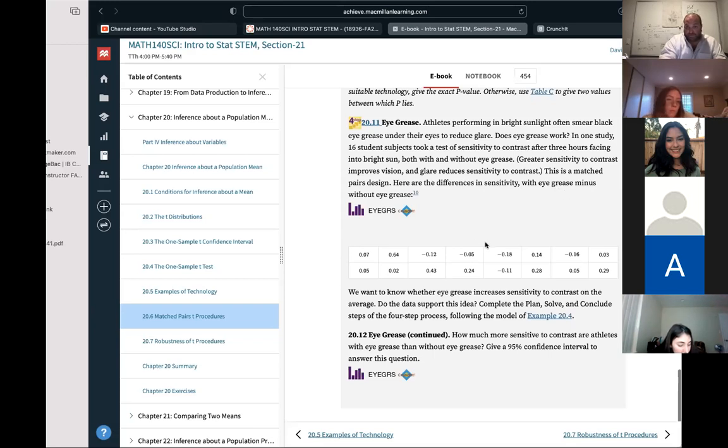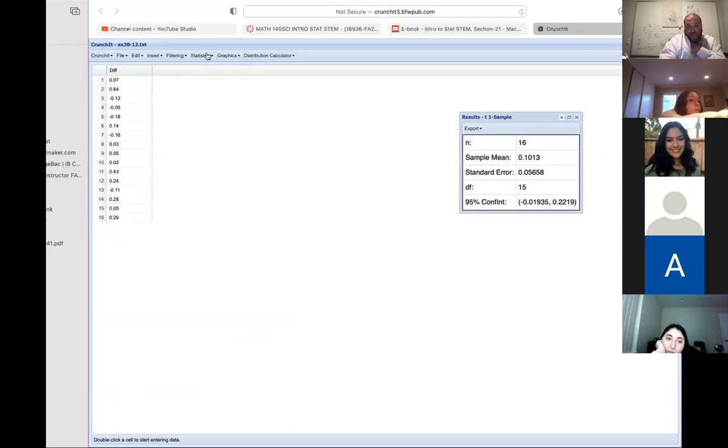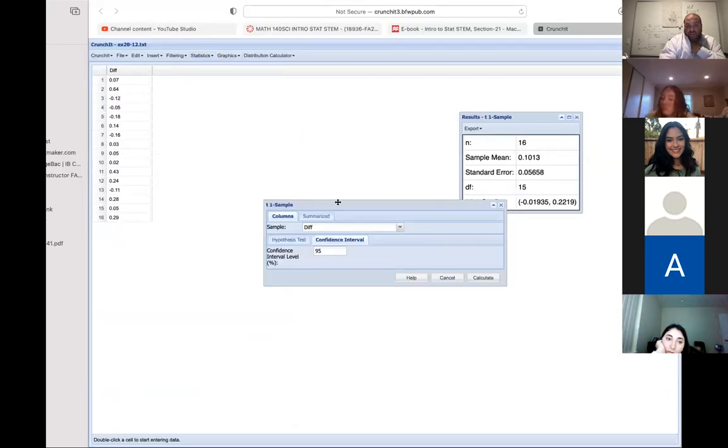So if with eye grease it went up, would we have a positive number or a negative number under the alternative hypothesis? Positive. Positive.